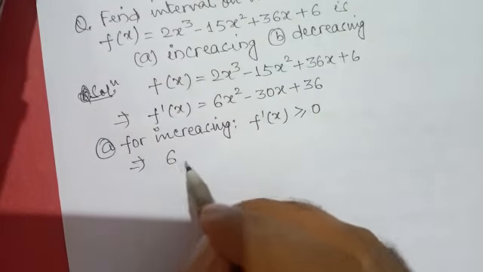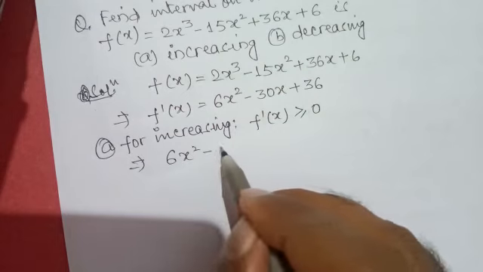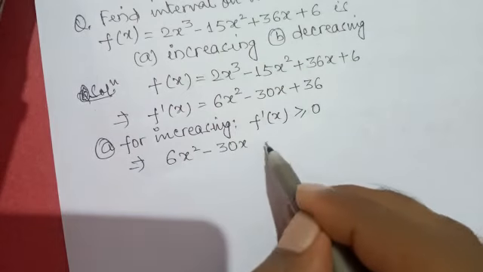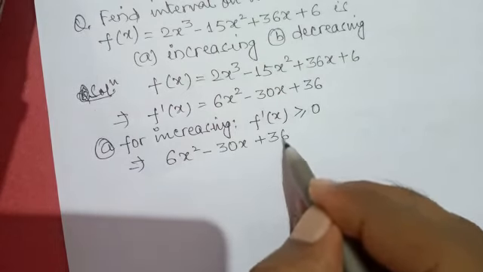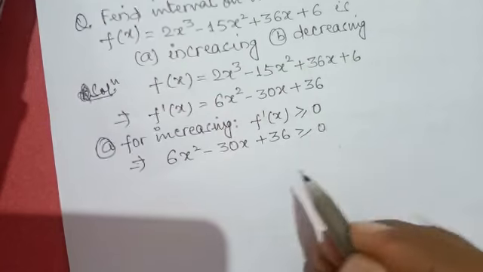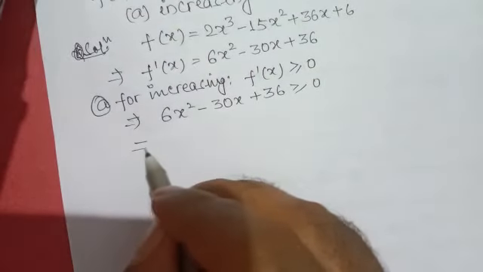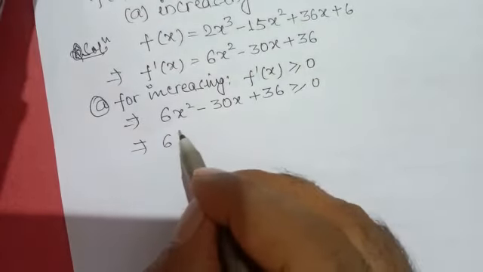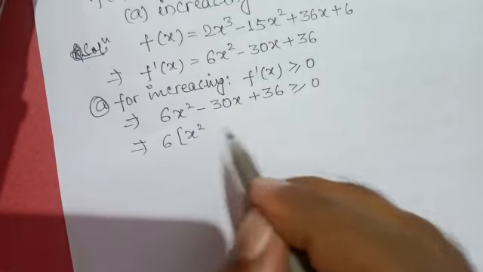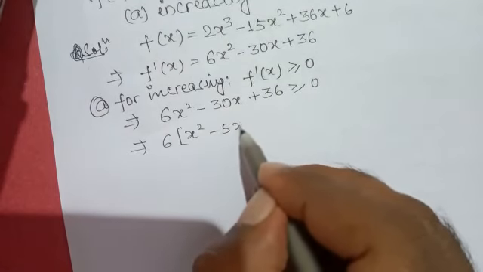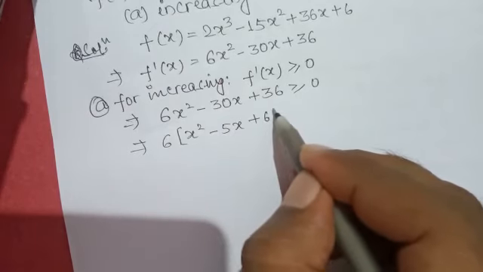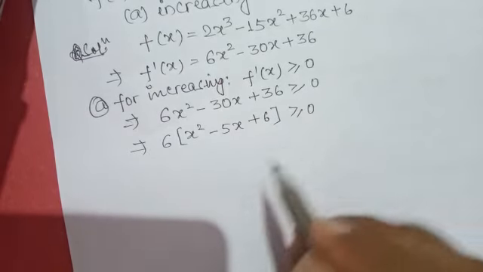It means 6x square minus 30x plus 36 should be greater than or equal to 0, or 6 should be taken as common, x square minus 5x plus 6 should be greater than or equal to 0.